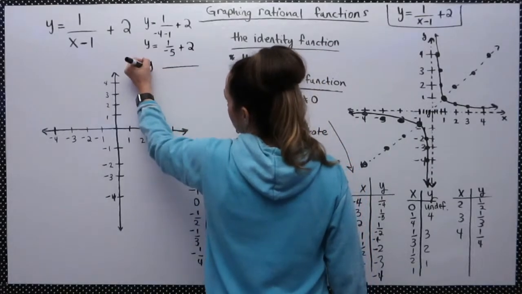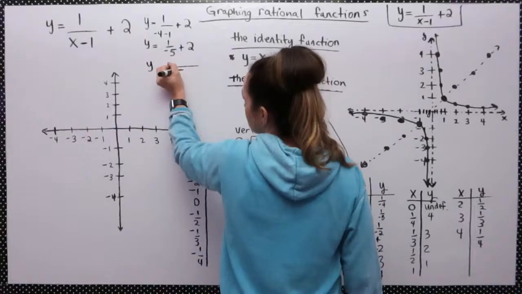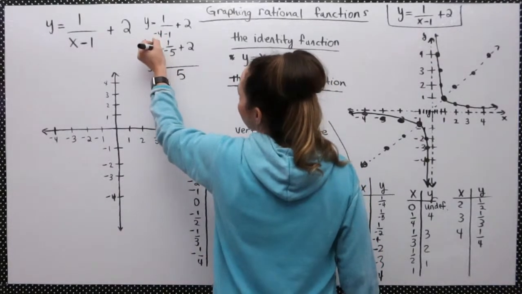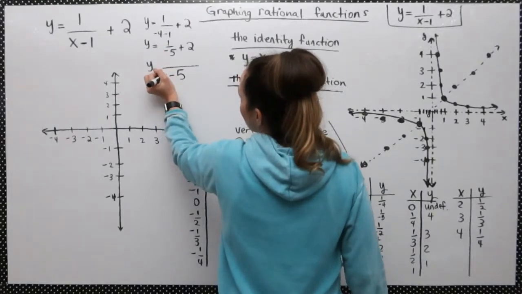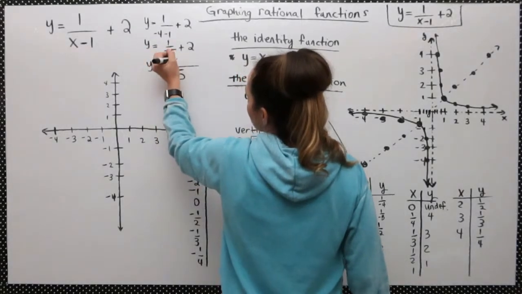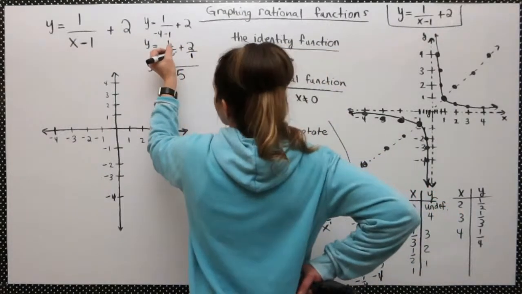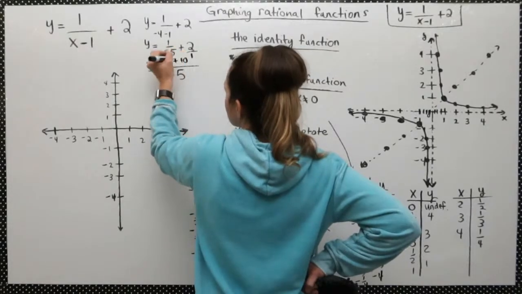Then you plug it in your calculator or you just add your fractions. We'll go ahead and just add them. So we've got -1/5, and 5 times 2 is 10, so that'd be plus 10.